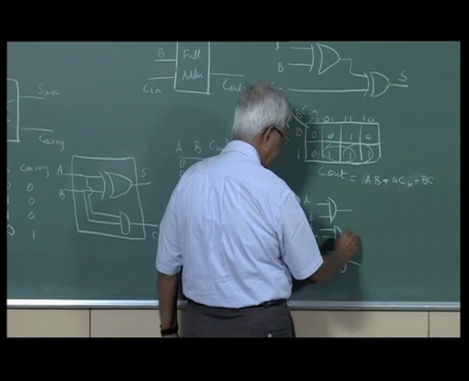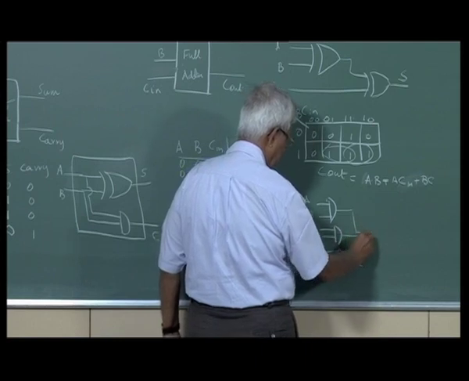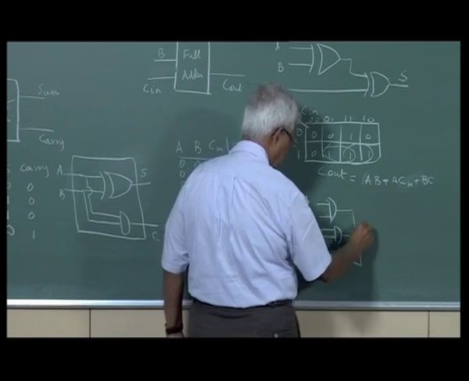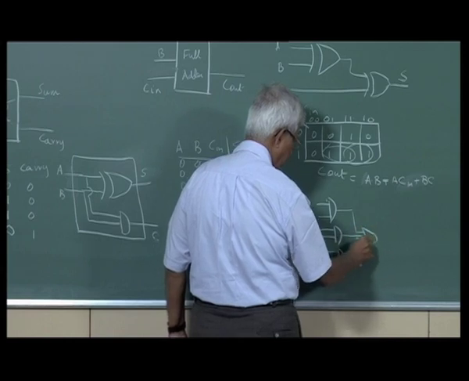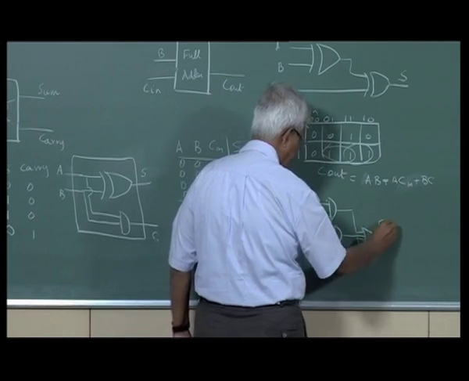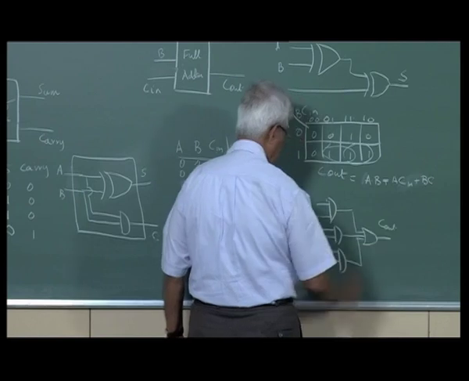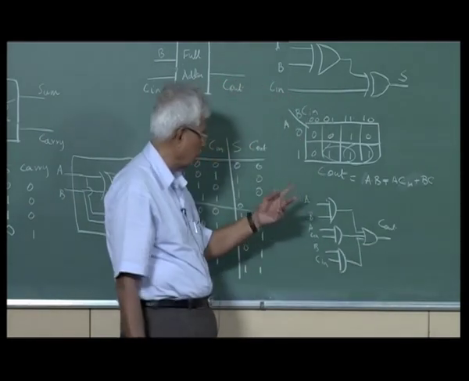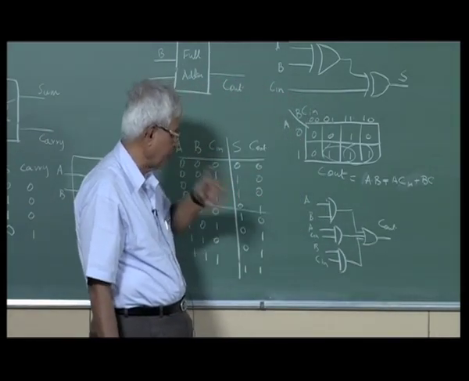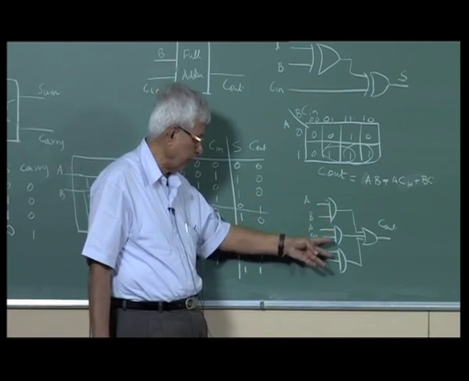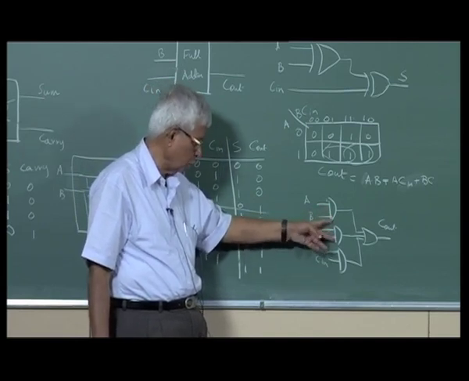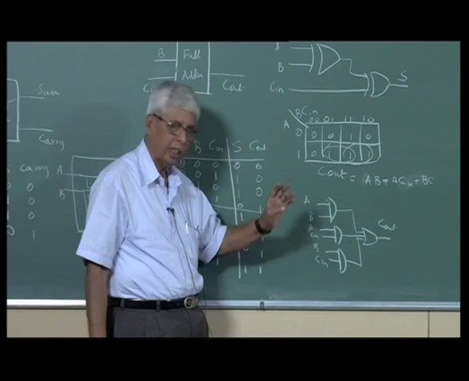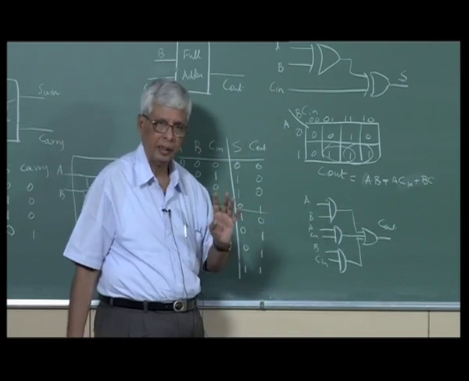Feed all these into an OR gate. This is carry out. So a full adder has 2 exclusive ORs for sum, 3 2-input AND gates, and 1 3-input OR gate for the carry.